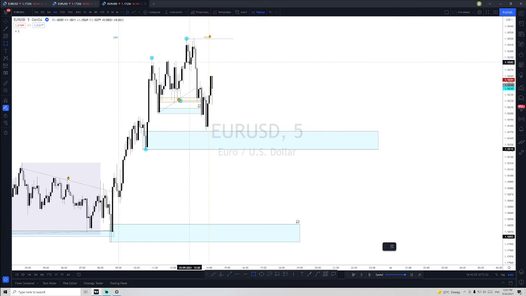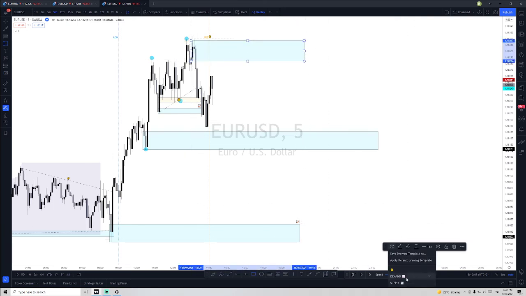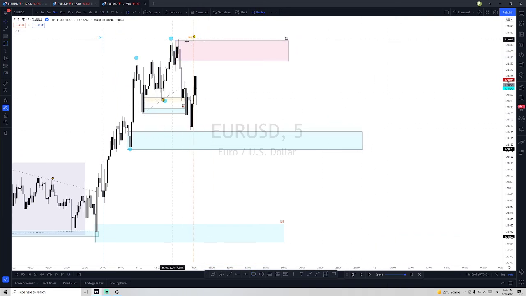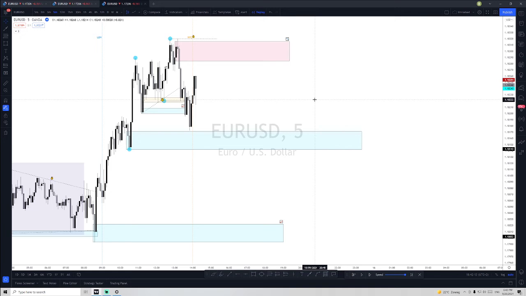Our point of supply is this area, right? Is this area. But let's see. What I am also looking at is the imbalance between this point and this point. That is now partially being filled, but for me that's an important area.